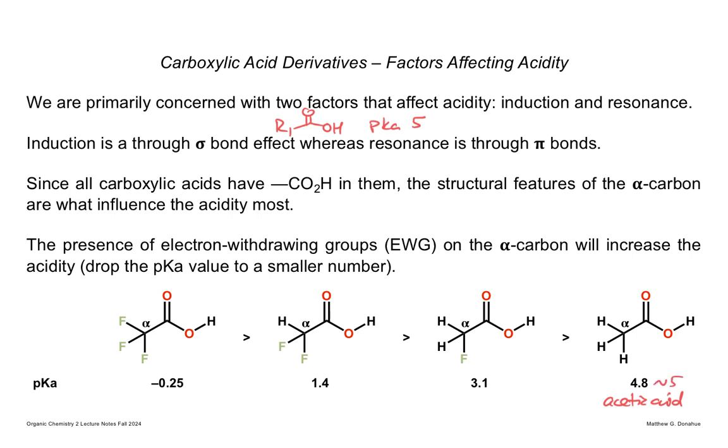And what is happening in this series is a hydrogen atom is being substituted for a more electronegative element. So here's fluorine. We know that's delta minus due to electronegativity. That's going to make the alpha carbon delta plus.